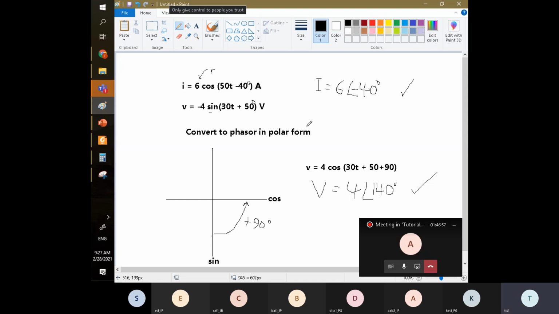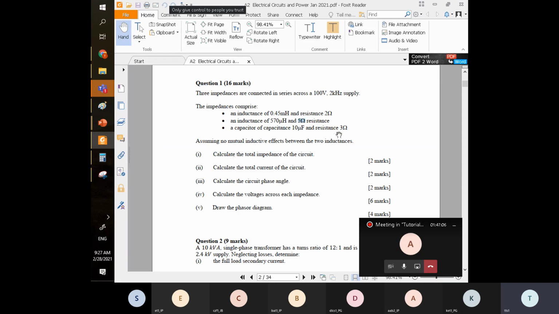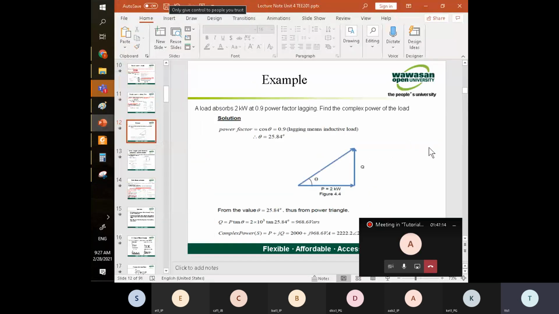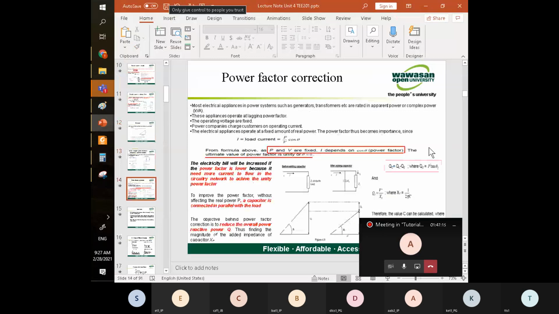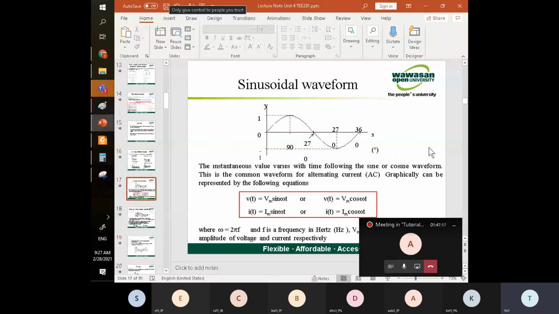All right, let's continue. Let's look at this question now. Oh no. Before we look at this question, we better look at the PowerPoint slide first. Okay, we look at the PowerPoint slide. In this, I think you are already familiar with all these figures, right? With all these symbols, omega, VM, all this thing, right?